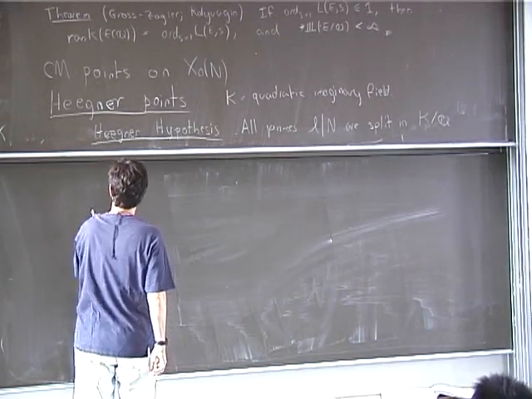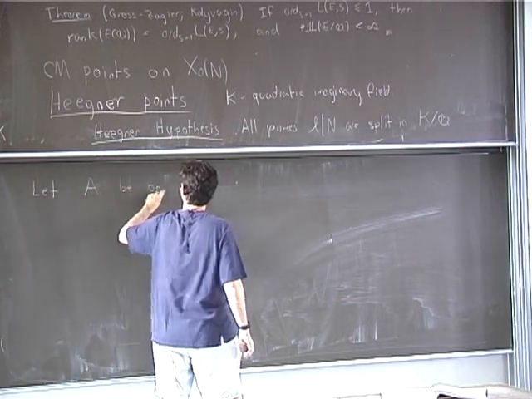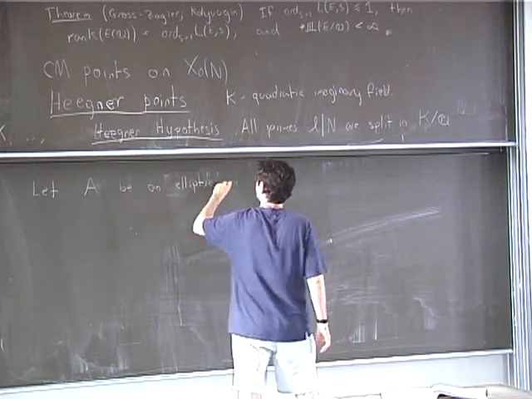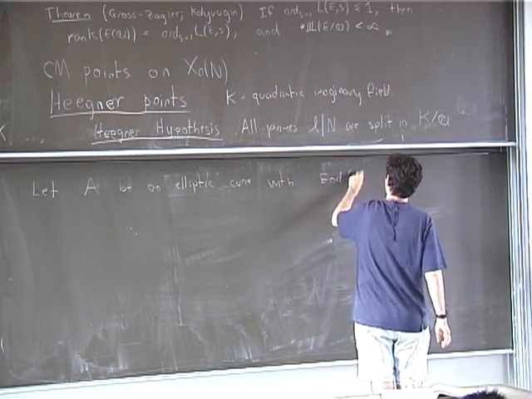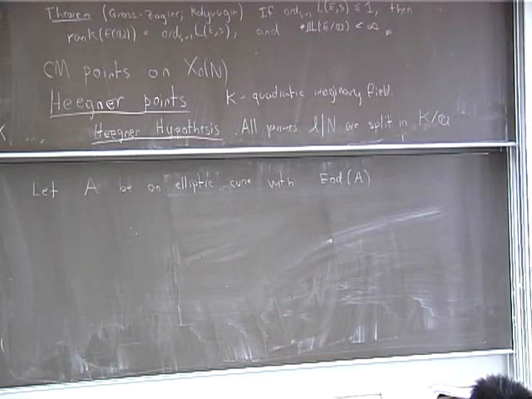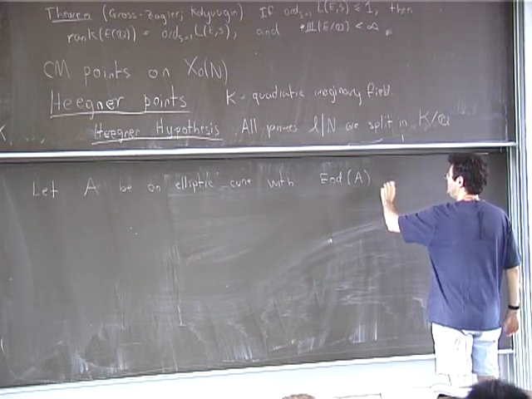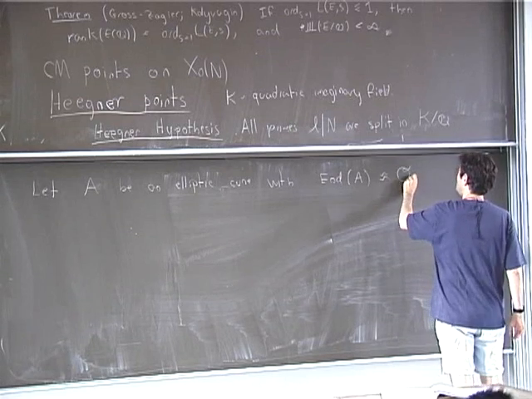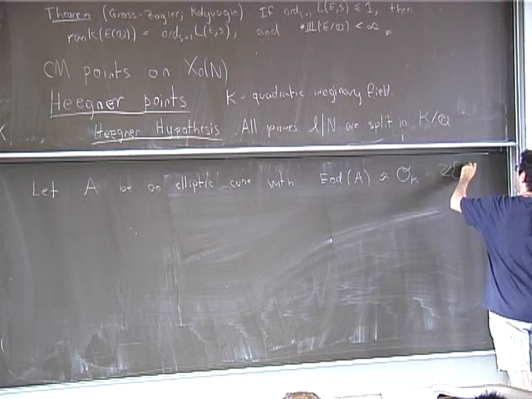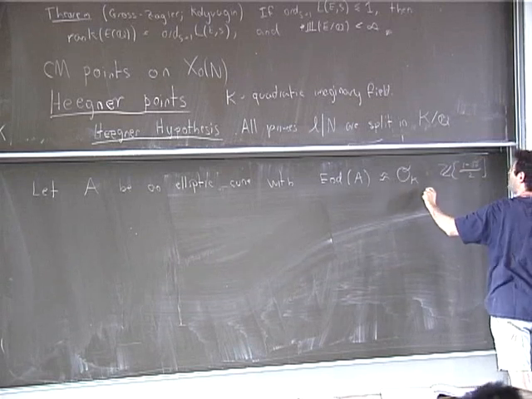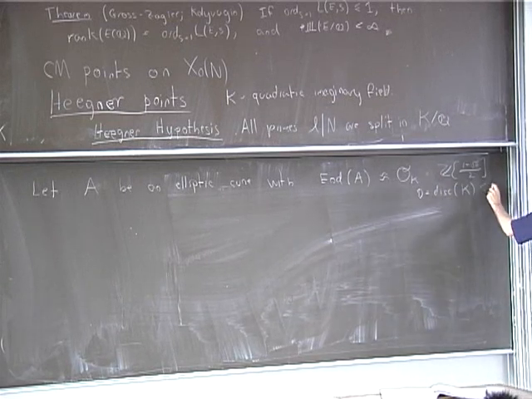And now let A be an elliptic curve whose endomorphism ring, so I really want to look at the endomorphism ring, not the endomorphism algebra, I'm interested in what the endomorphism ring of A looks like as a ring over Z, is isomorphic to the ring of integers of K, the maximal order in K. You can write it as Z[(1+√D)/2], where D is the discriminant of this field K, so it's a negative discriminant, of course.